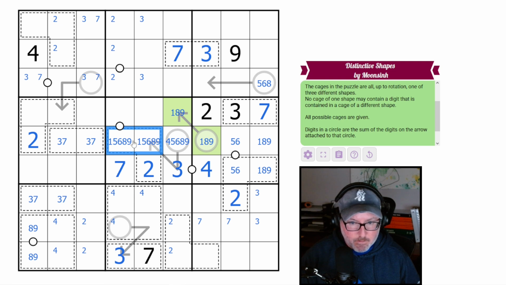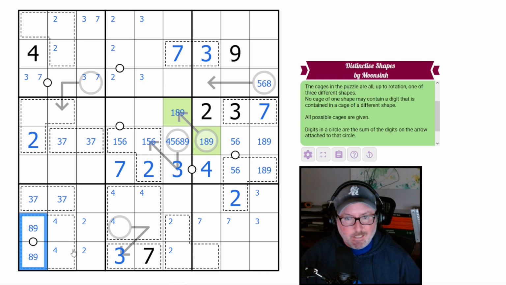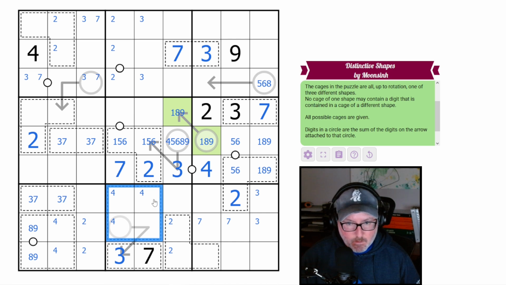We already removed the 3s and 7s. There is no 8 or 9 because the 8, 9 goes in here. There we go. That's what I should have been looking at. This has 4s, 8s, and 9s in it at the moment. So let's put that in. 4, 8, 9. This one is not 4.